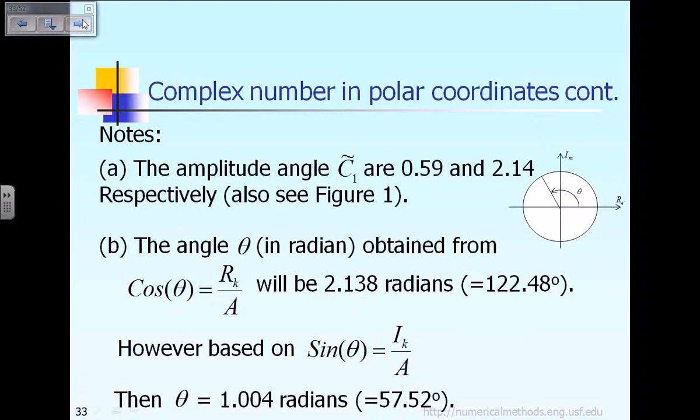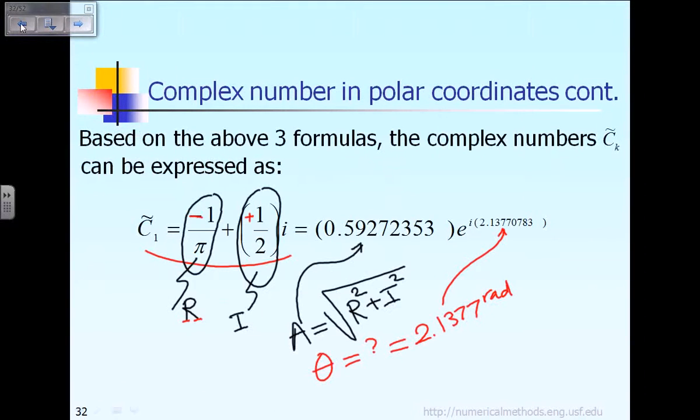Now, remember the angle theta, you can do it either way. You can compute the angle theta based on this formula, which is cos of theta is equal to R_k over A. Obviously, the value of R_k you already know, and the amplitude A you already know. The real part is -1 over pi, and the amplitude A is 0.59.